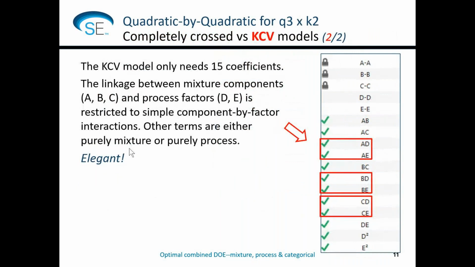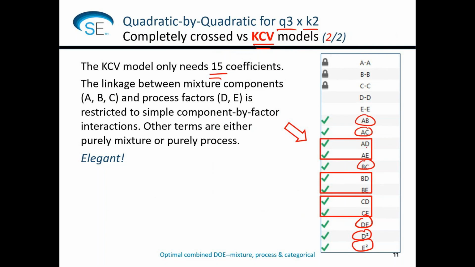Now for the same example with 3 components and 2 process factors, the KCV model only needs 15 coefficients, because it does give you the quadratic mixture AB, AC, BC, DE. It gives you the quadratic process, but not crossed with the mixture.